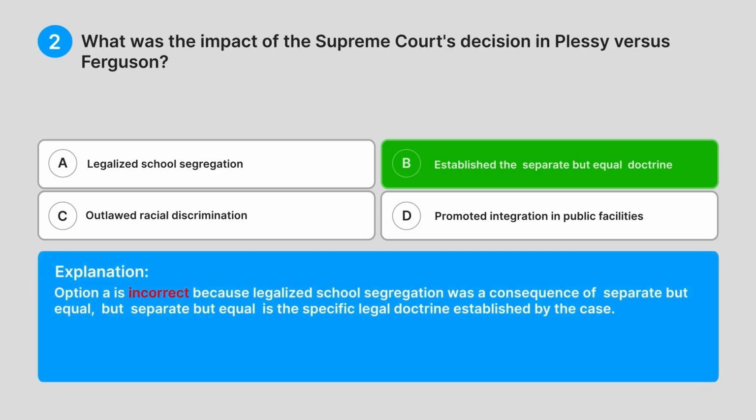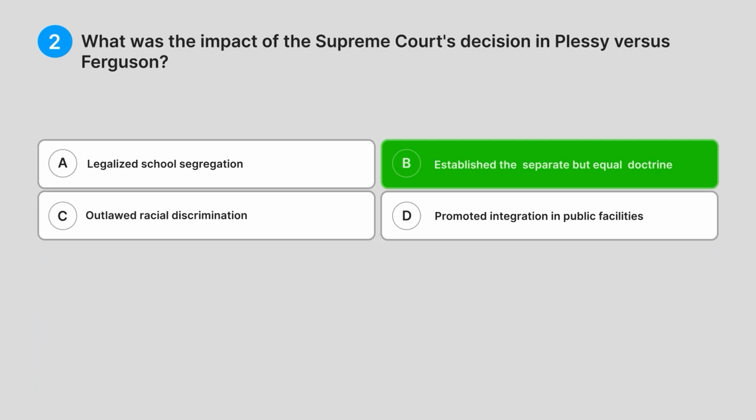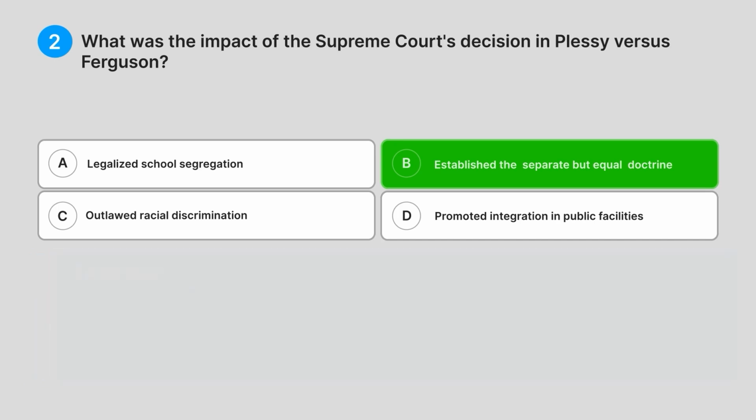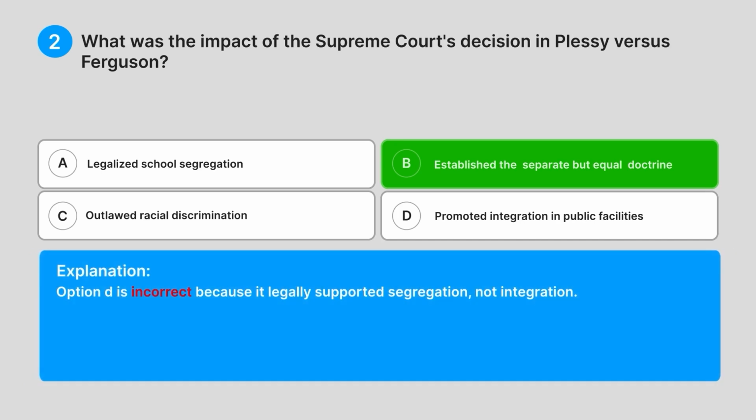Option A is incorrect because legalized school segregation was a consequence; separate but equal is the specific legal doctrine established by the case. Option C is incorrect because Plessy v. Ferguson actually did the opposite by legally allowing a form of racial discrimination. Option D is incorrect because it legally supported segregation, not integration.